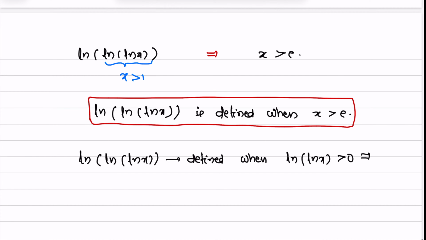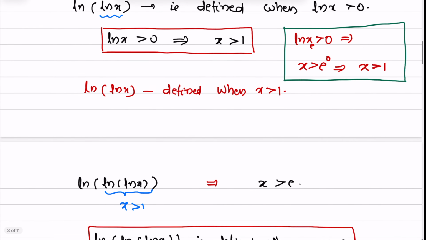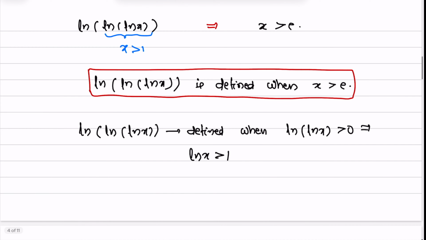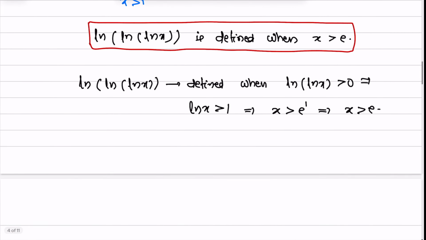That implies ln x is greater than 1. ln of ln x is defined when x is greater than 1. That implies x is greater than e to the power of 1. That implies x is greater than e. Now, we have got a partial domain.